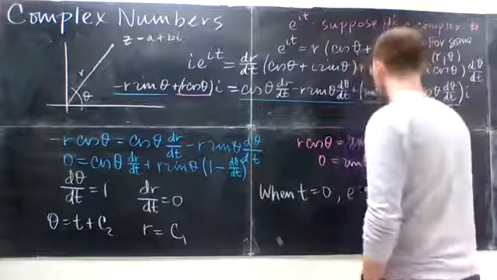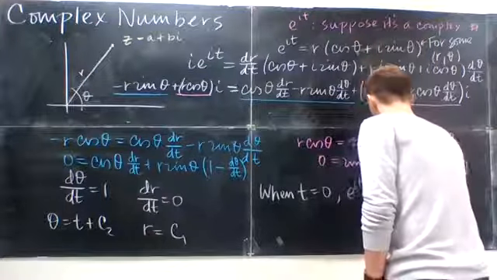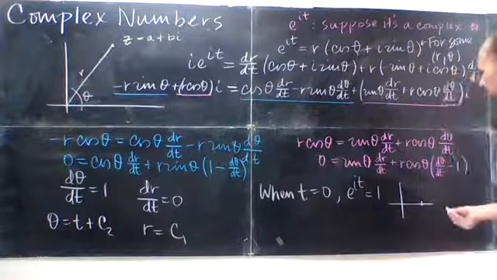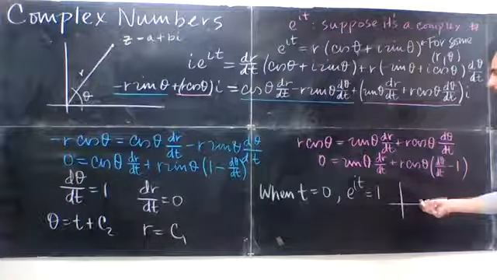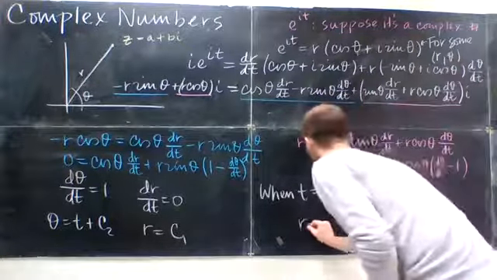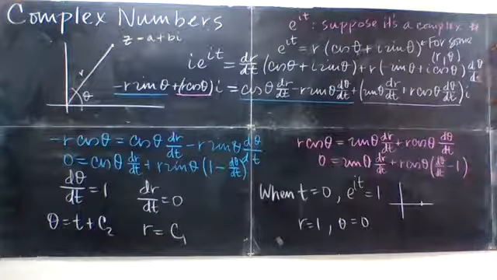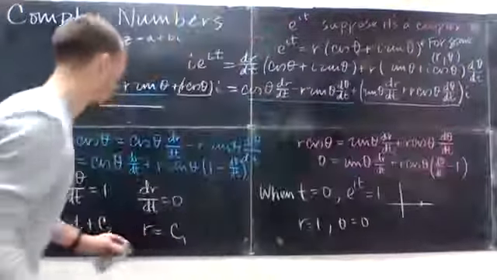But what I probably want to be saying is e to the it, with t equal to 0, is e to the 0, which is 1, and we know where 1 is on the complex plane. In terms of r and theta, r is 1 and theta is equal to 0. So r equals 1, theta equals 0. So if r is going to be a constant, r has to be 1.